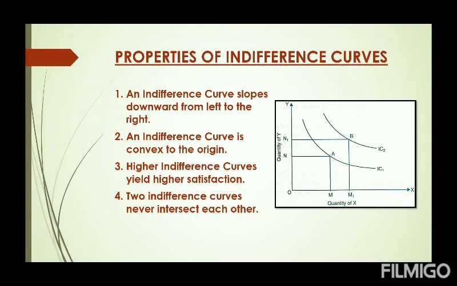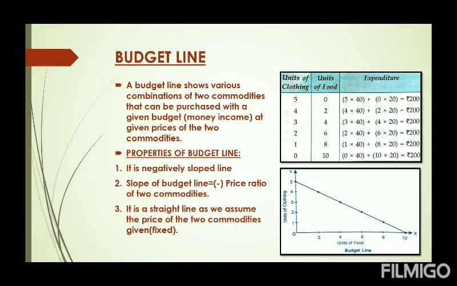After completing this indifference curve concept, we are moving to the next subpart, which is the budget line. Budget. The term budget is very common. Each individual has their own budget, and the government has its own budget. In the case of a consumer, the concept of budget is very, very important.